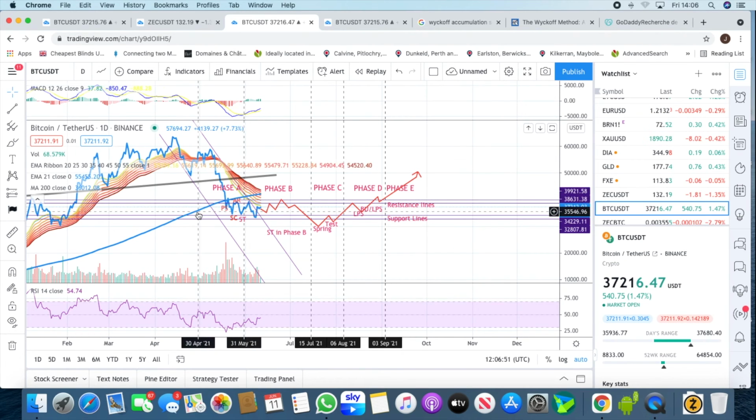By the way, the 200 moving average is going to come through higher on the daily. And it might be that my support and resistance are too low here. It's not an exact science, but it's giving us something to go by.